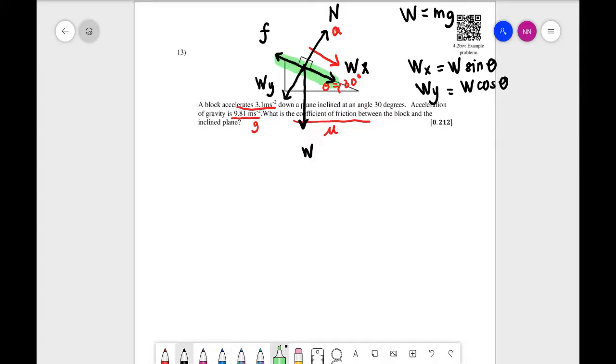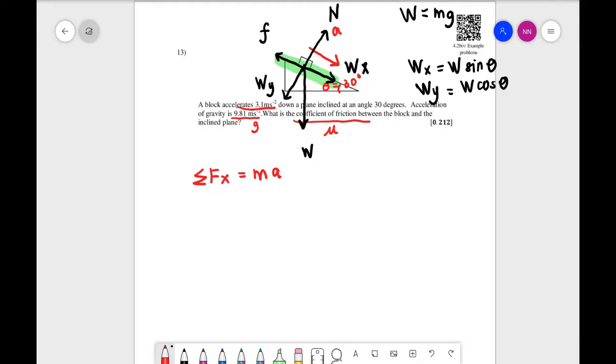For this component, we must apply net force X equals ma, because it accelerates in the X component. Wx is in the same direction as the acceleration. Look at the arrow.